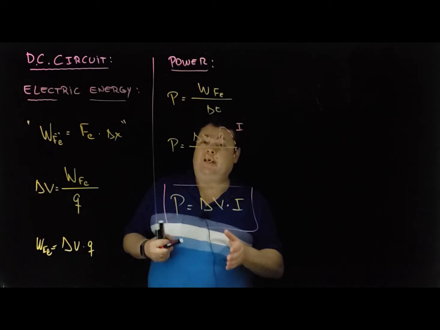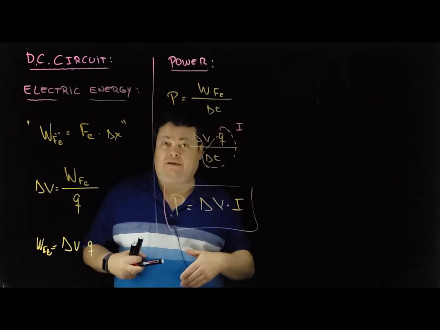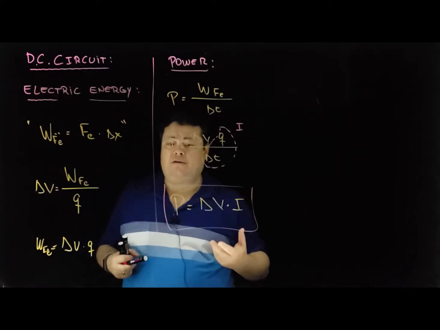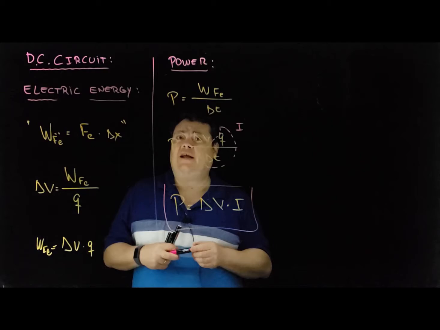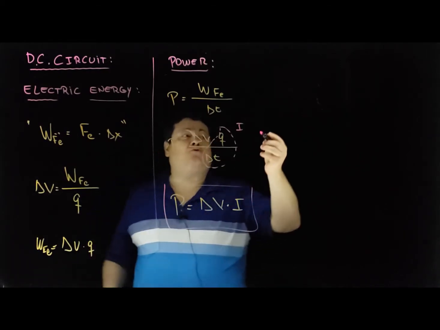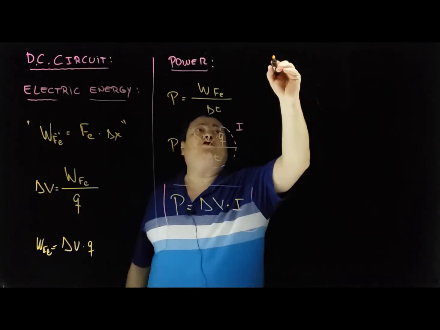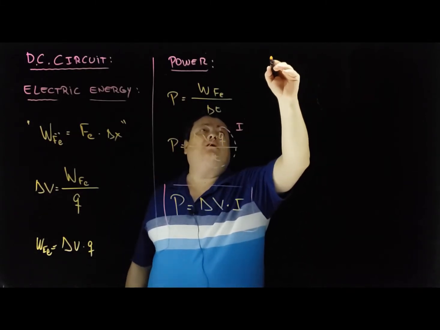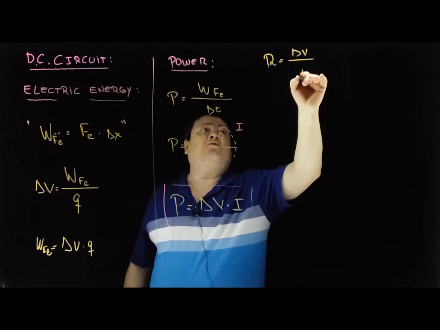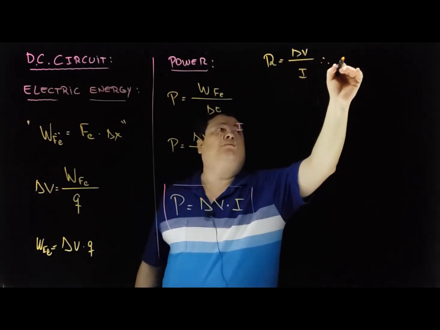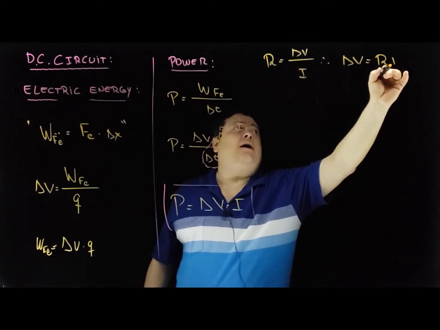Now, sometimes I don't know voltage or I don't know current, but I know electric resistance. So it is convenient to express power also in terms of electric resistance. Let's remember from our definition of electric resistance that R is delta V over I, or delta V equals RI.